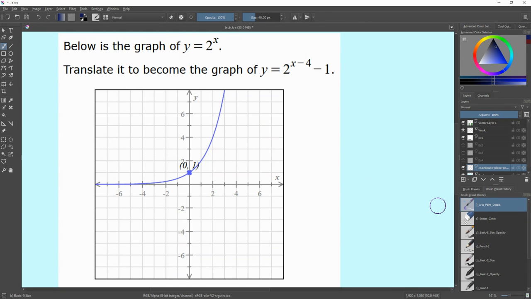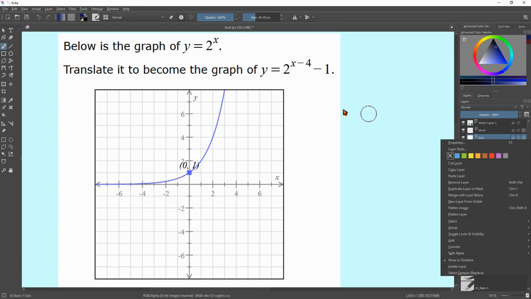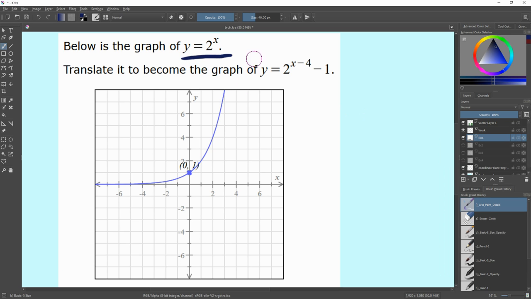All right. So here, we just talk about the translation. So you start out with y equals 2 to the second power, or 2 to the x power. And then we have these numbers here that are added into your function. These are the translations, okay? So this number here means it moves left or right, okay?